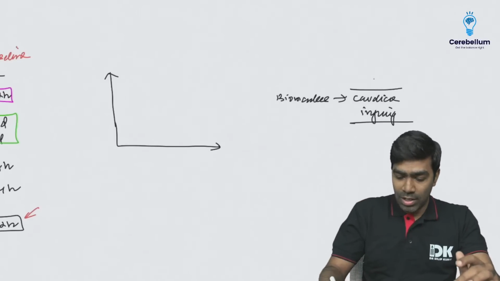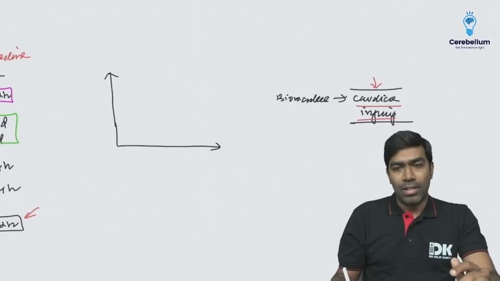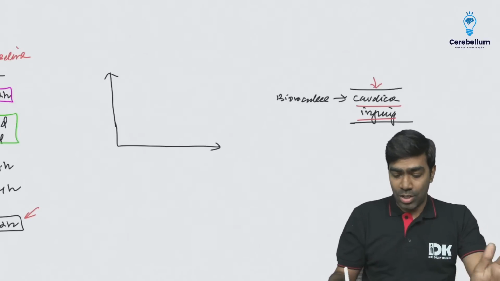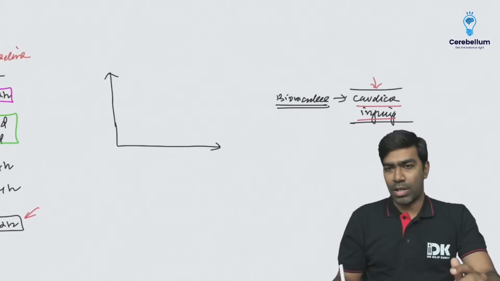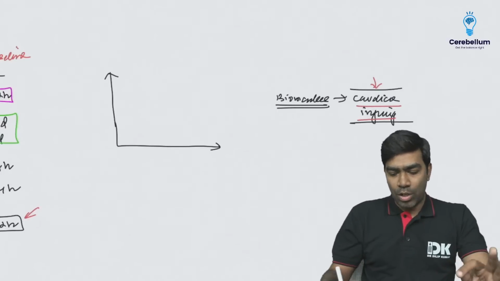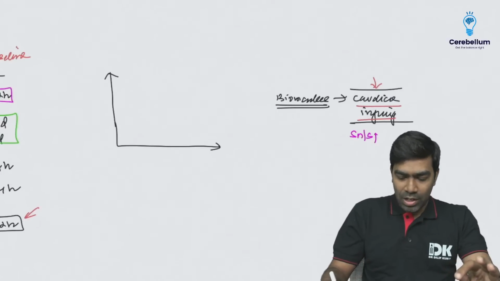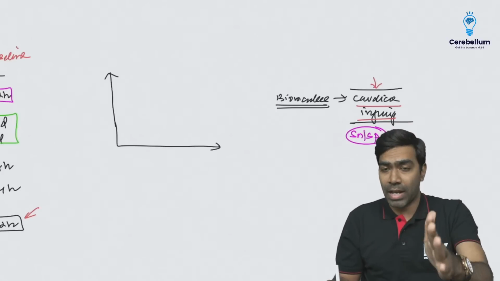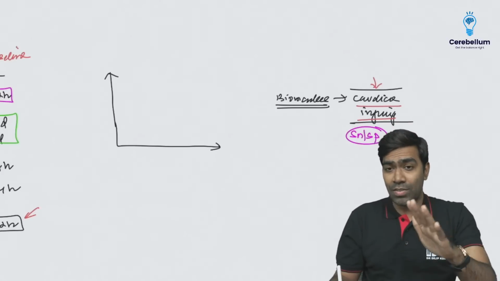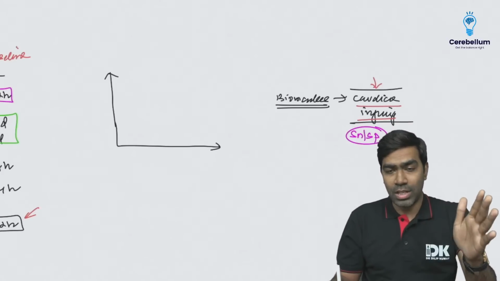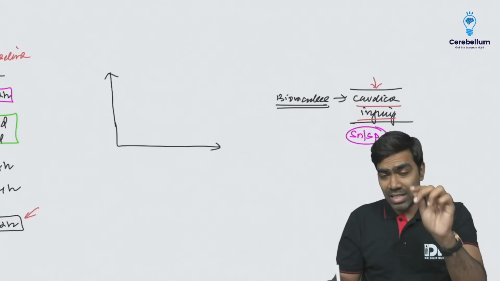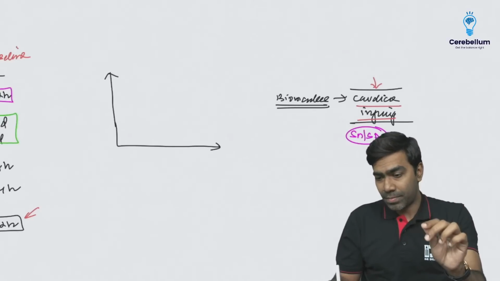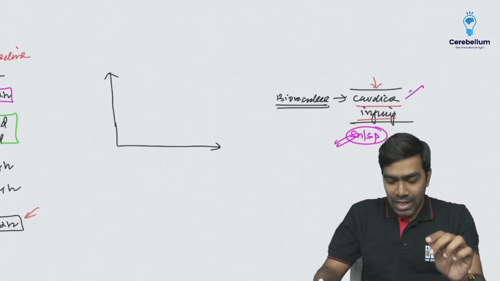We are talking about cardiac injury. Anything that causes cardiac injury, you are going to see a rise in the biomarkers. So which is going to be sensitive and specific for cardiac injury? Remember, I'm not using the term sensitive and specific for MI. And I'm not using the term sensitive and specific for acute coronary syndrome. I'm using the term sensitive and specific for cardiac injury.